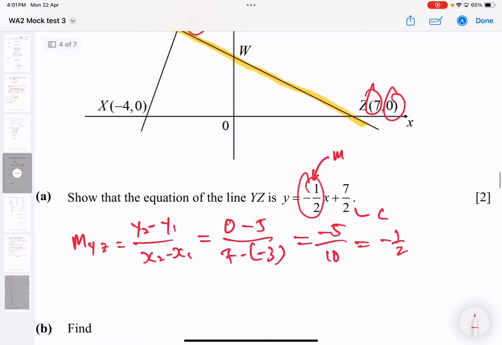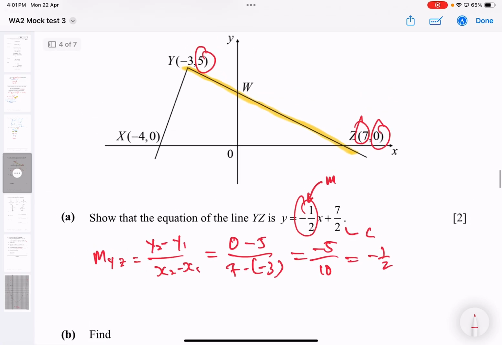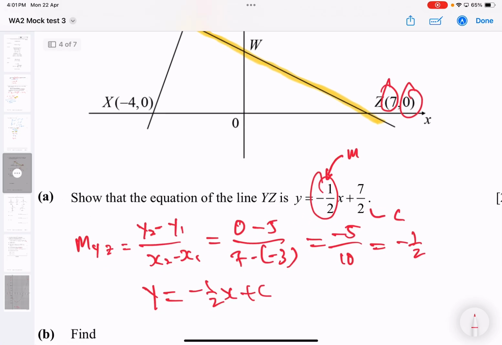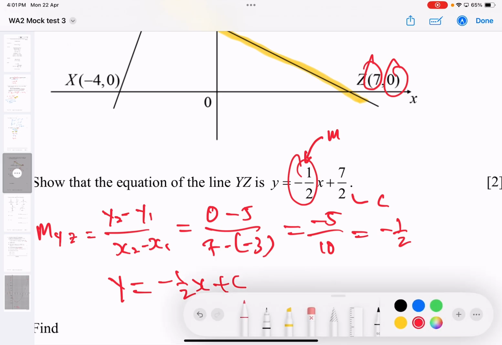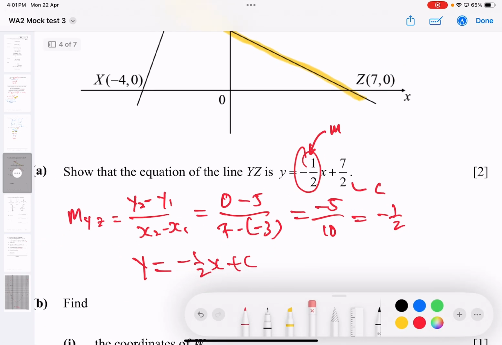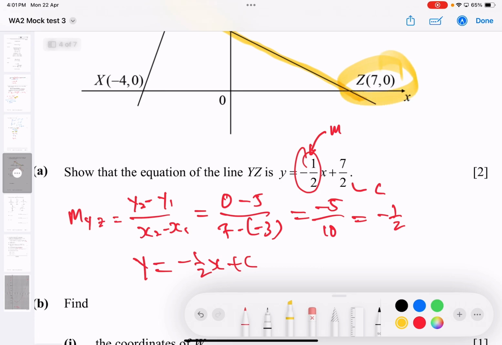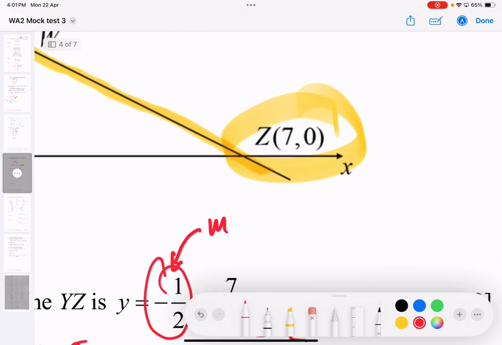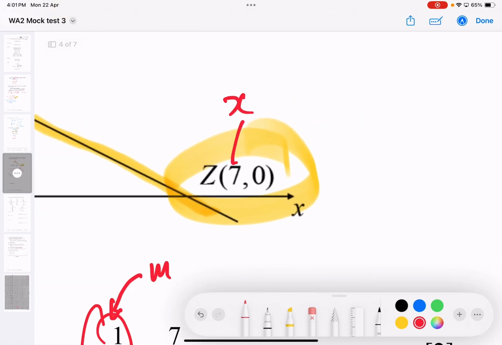The next one, I want to find the y-intercept. So I have my equation y equals negative half x plus c. I just need to substitute in one of the values. I think this is the easiest to substitute: (7, 0). So what does this (7, 0) mean? This refers to the value of x. This refers to the value of y.